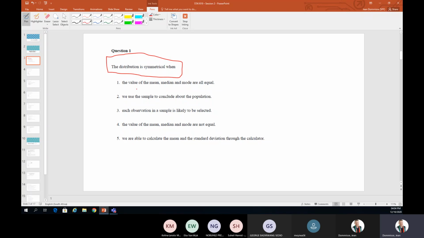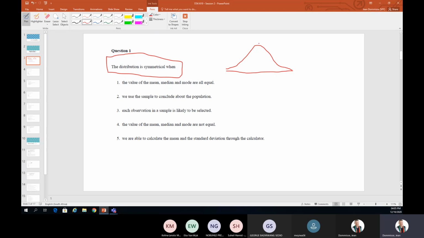So basically the first question that we're going to look at is: the distribution is symmetrical when. Just imagine this is symmetrical, but basically symmetrical is when you have your normal distribution.